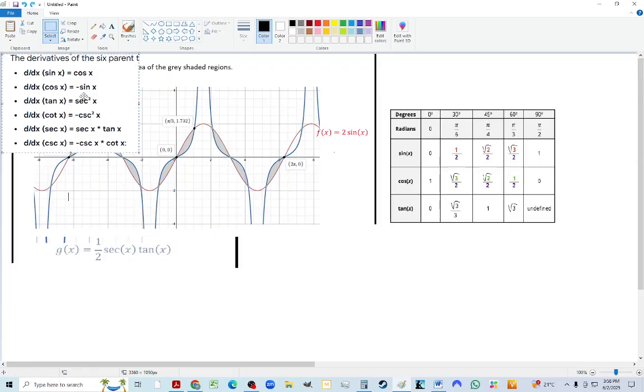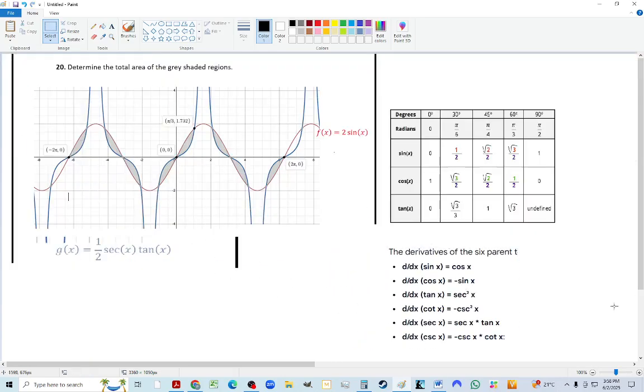Now, the nice thing is, none of these have a double angle inside. They're all x here, and x here. 2x would require taking the derivative of the angle in here as well. But these angles in here have not been transformed, which means this is just a multiplier.